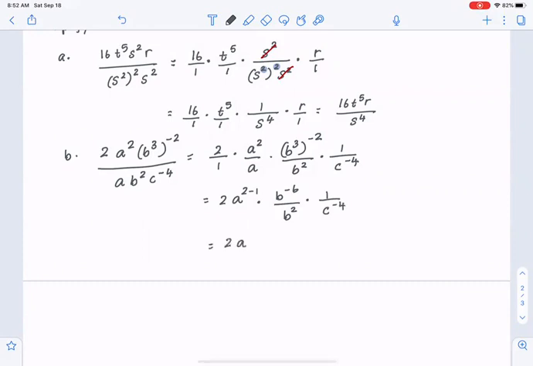So 2a, b raised negative 6, negative 2, numerator power minus denominator power. And we can move that to the numerator and write it as c raised 4. So 2a, b raised negative 8, c raised 4. Move that to the denominator, we will have 2a c raised 4 over b raised 8.